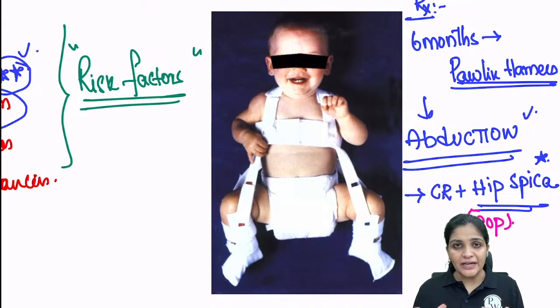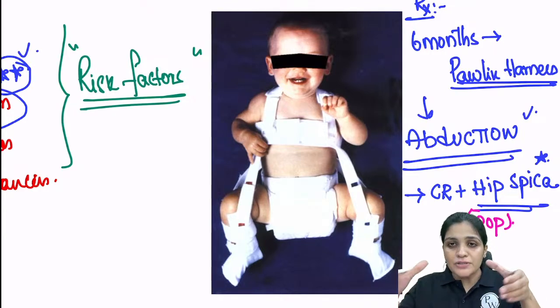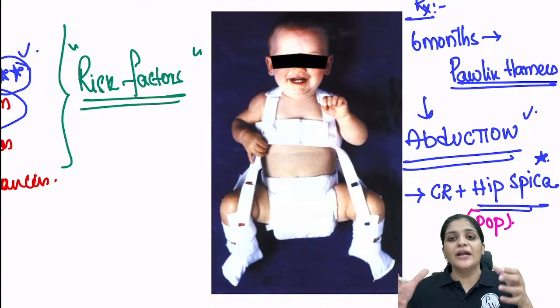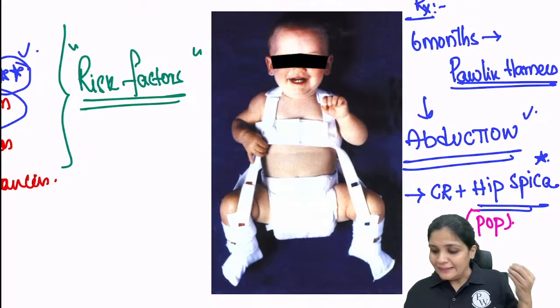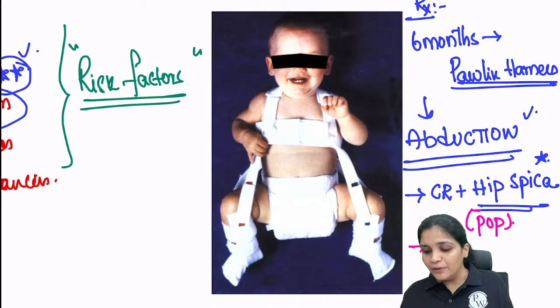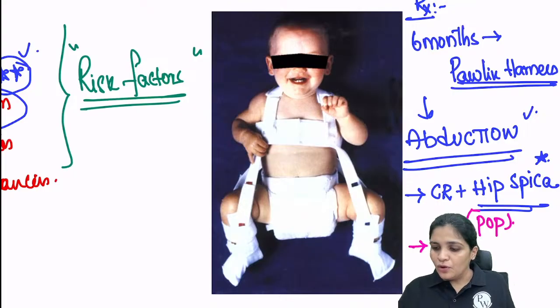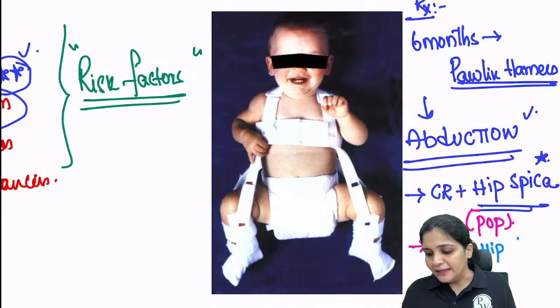So what is closed reduction? You know what DDH is: there is some abnormality in the hip and the head has gone out of the acetabulum. Now you reduce the hip. You do the maneuver and you reduce the hip. Okay, and after that, if you are not able to reduce the hip, then you go for open reduction, and then you put the hip spica, right?